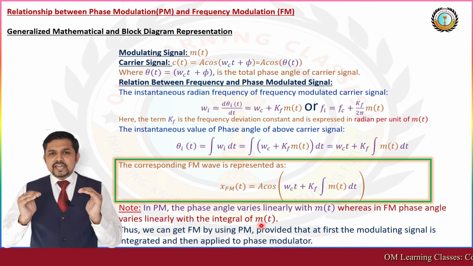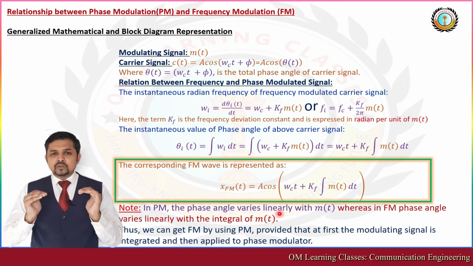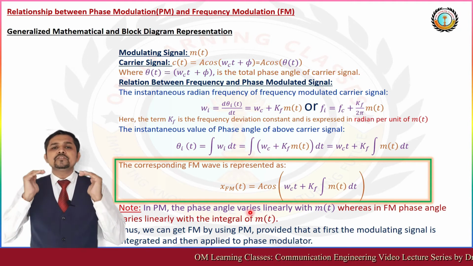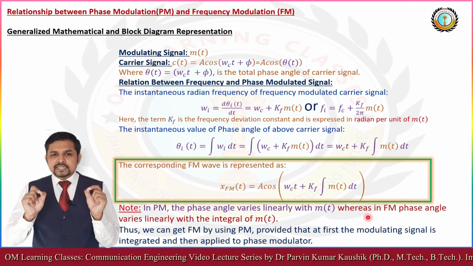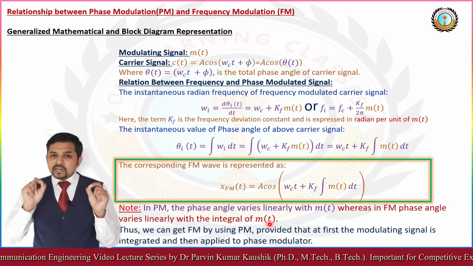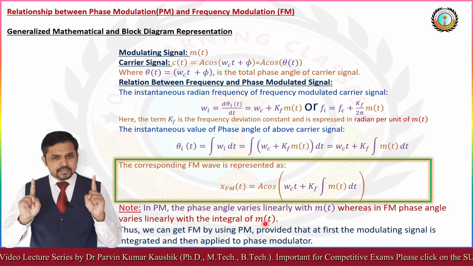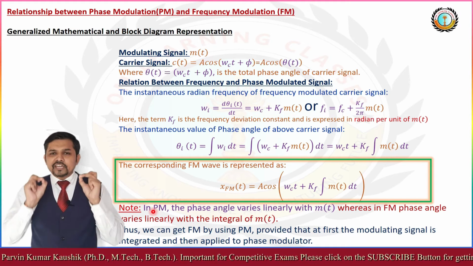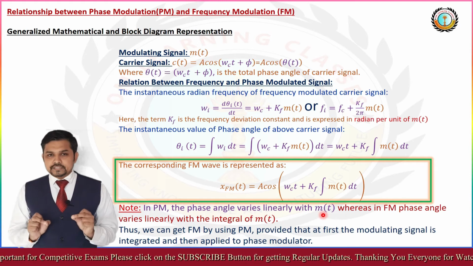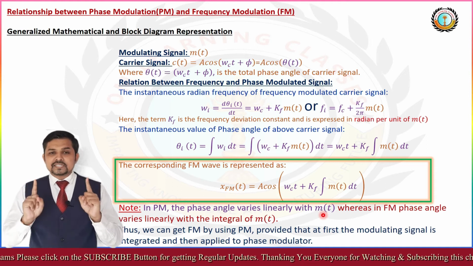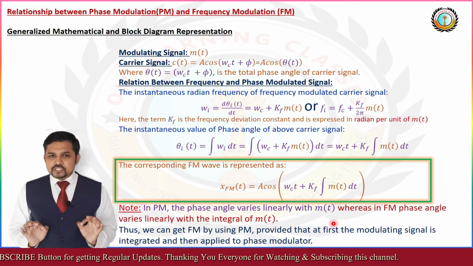In FM, the phase angle varies linearly with the integral of m(t). This is the one thing. And in PM, the phase angle varies linearly with m(t). So this is the first outcome from this representation.